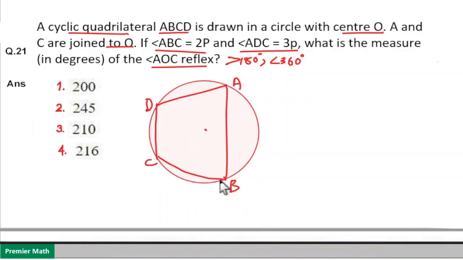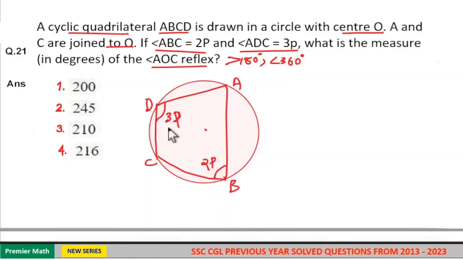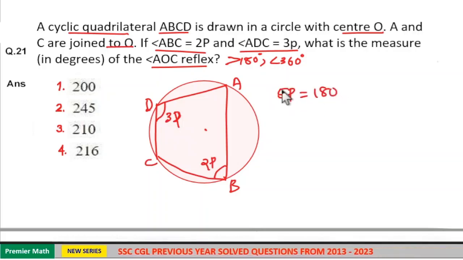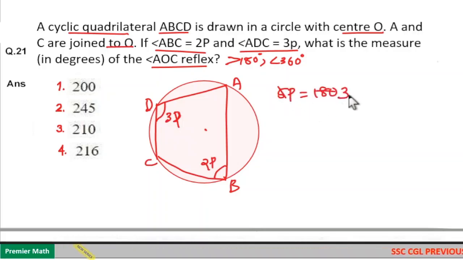Here, angle ABC is 2P and angle ADC is 3P. In a cyclic quadrilateral, the sum of opposite angles is equal to 180 degree. That is 3P plus 2P is equal to 5P, which is 180 degree. So P is equal to 36 degree.